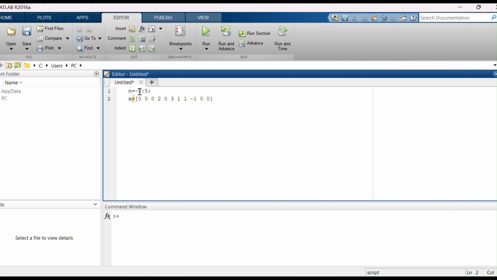Don't forget that this should be equal to this: 11 points over here, so 11 points over here. Now stem n and x. The x label and the y label would be x of n. The title is discrete signal.